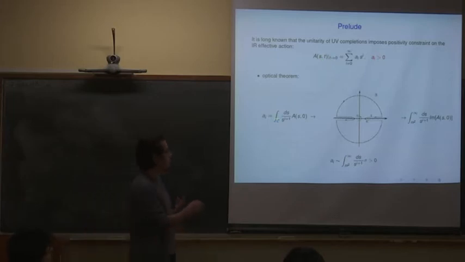Then the coefficients can be given as a contour integral on the complex S-plane, where the contour encircles the pole, and depending on the degree of the pole, it picks out which coefficient you have. Of course, you can deform the contour to a contour along the real axis and the part at infinity.